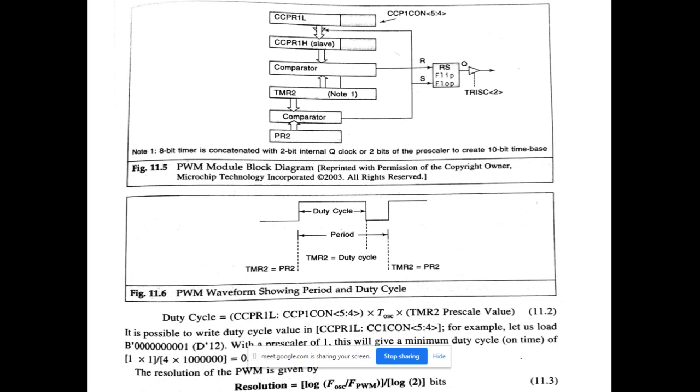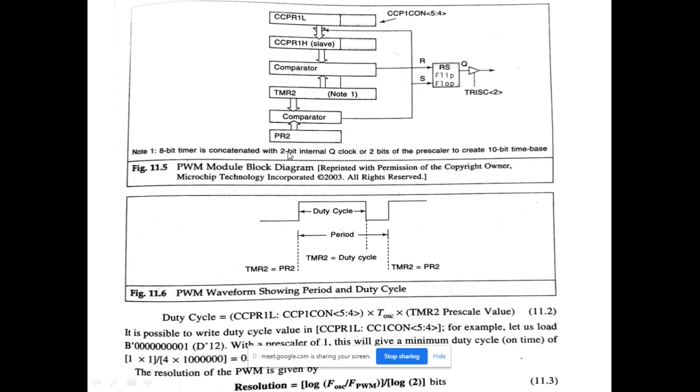Okay, now let us see how this works. Basically, you have to load some count in the period register. So this register will decide the period of the output waveform. We have seen that the period of the output waveform, the PWM waveform, is expected to remain constant, and therefore this count which is loaded here, which decides the period of the output, will not be changed during the operation.